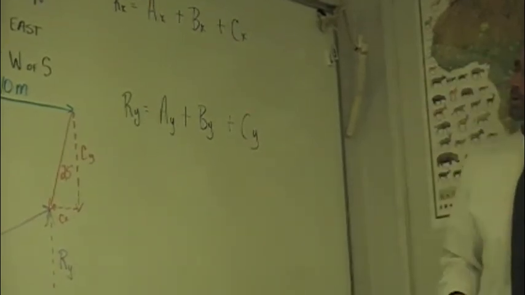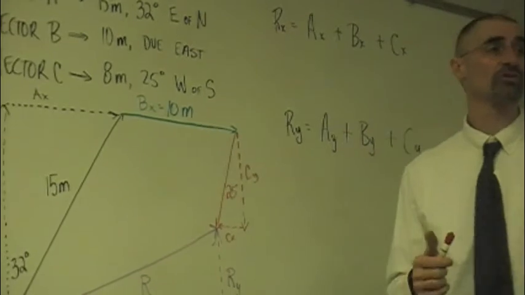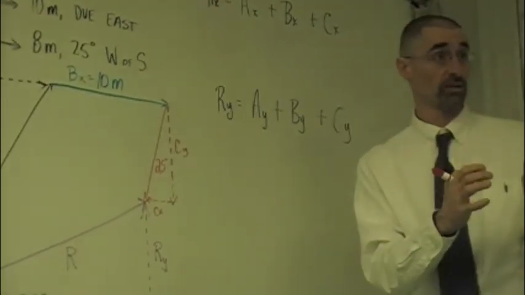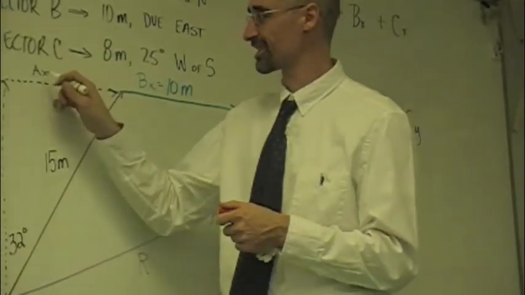Now we just got to find the components. Finding the components, guys, is not hard. It's mostly just a keeping track of things sort of problem. So what is this AX going to be?